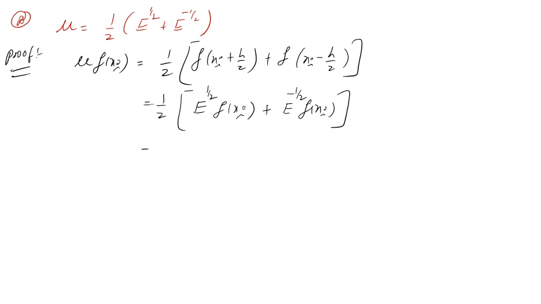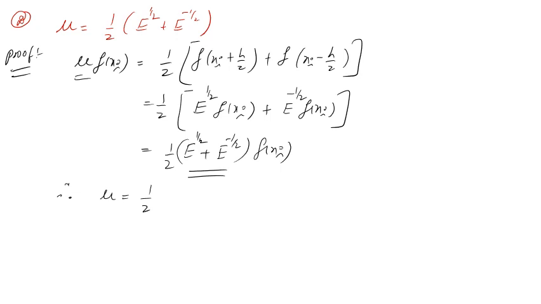So I can write this as 1 by 2 of e power half plus e power minus half, and f of xi is common. So comparing the operators on both sides, mu is equal to 1 by 2 of e power 1 by 2 plus e power minus 1 by 2, right?